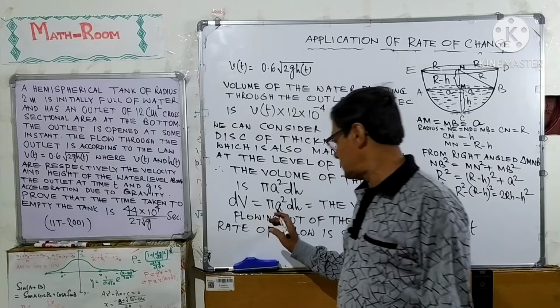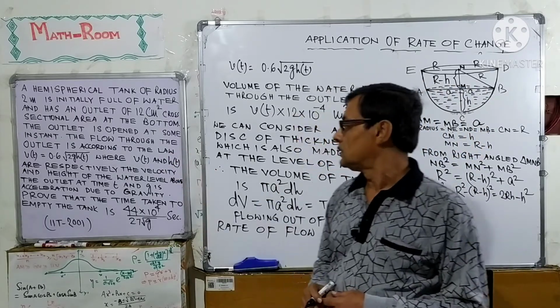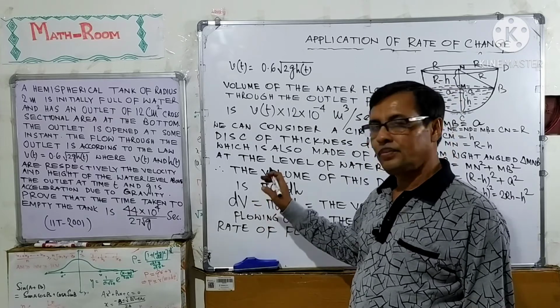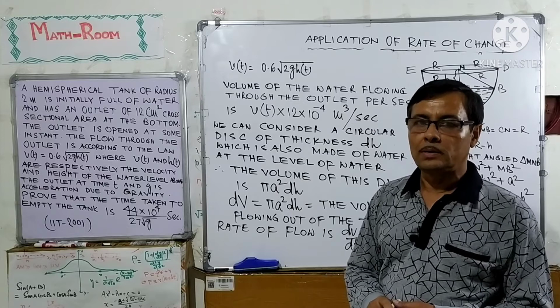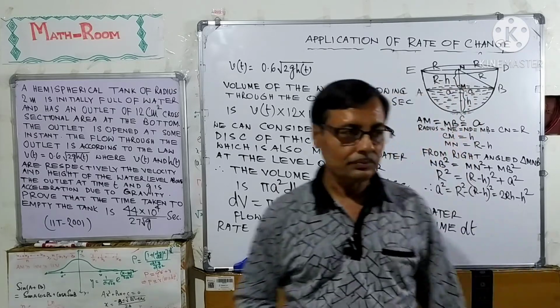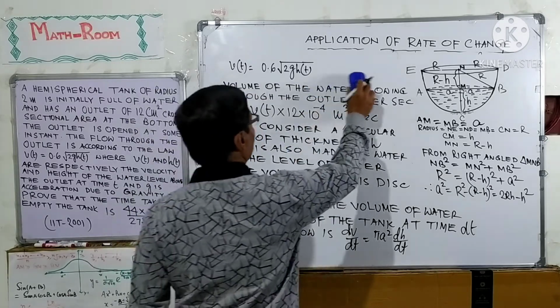At this rate, the water is flowing out through the outlet. That is, this is also the rate of decrease of the volume of water in the tank.